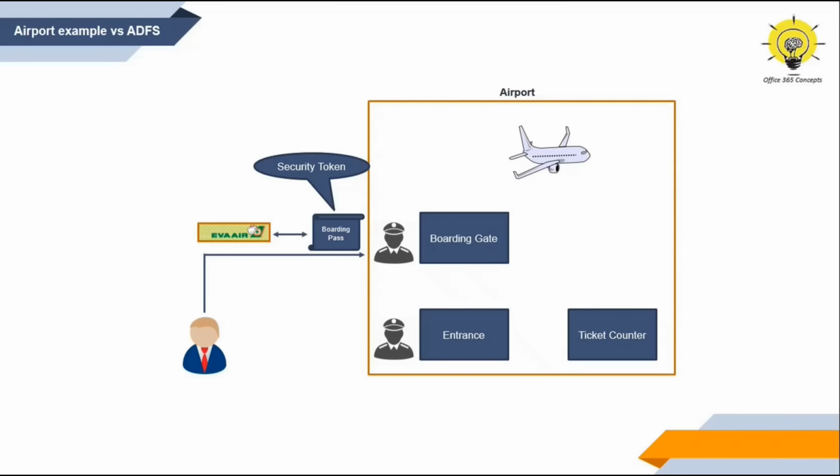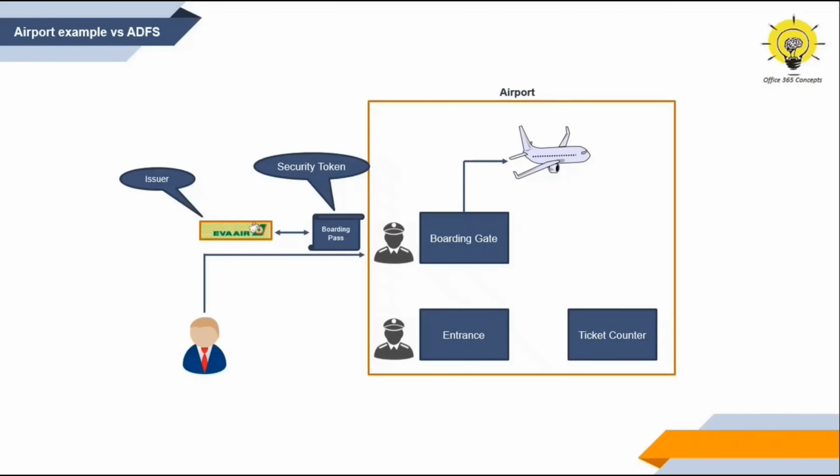In this example, the boarding pass was issued by the airline. That means the airline is the issuer, and you can compare the airline with ADFS because ADFS issues the security tokens to the applications. In this example, the plane is the application.